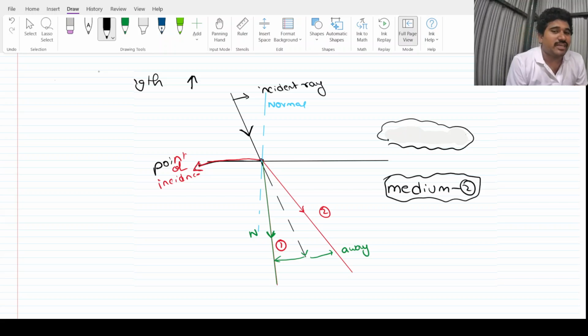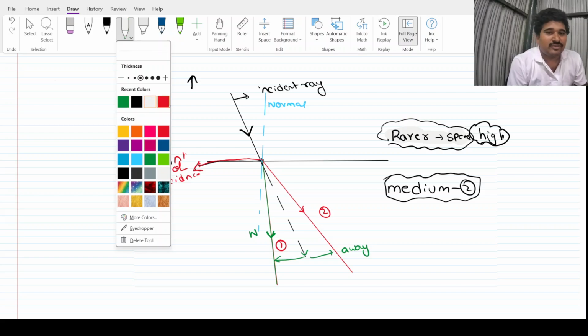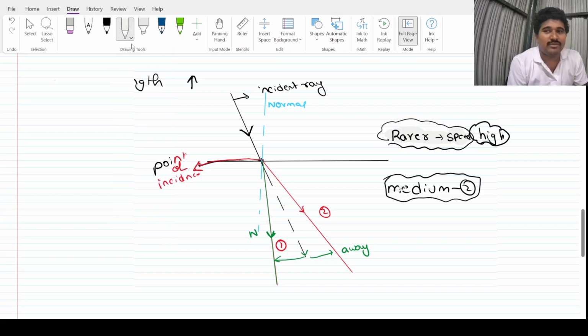Suppose I am taking medium 1 as rarer medium. So the speed is high here. Now I am taking another. What is the other? Medium 2.